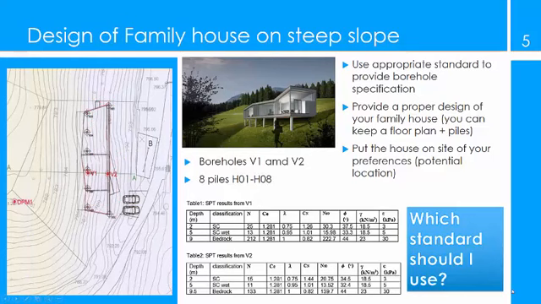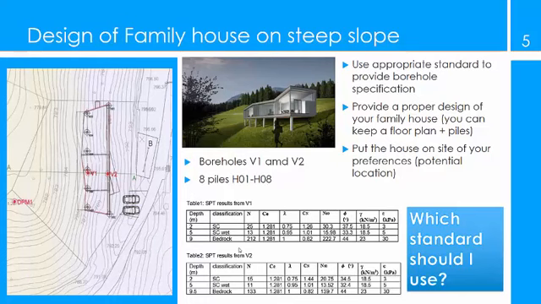And now to the boreholes. Borehole V1 and V2 results are presented in those two tables. This is only the nomenclature, and it's expected that you as a geotechnical engineer will provide this information as borehole nomenclature according to the appropriate standard.